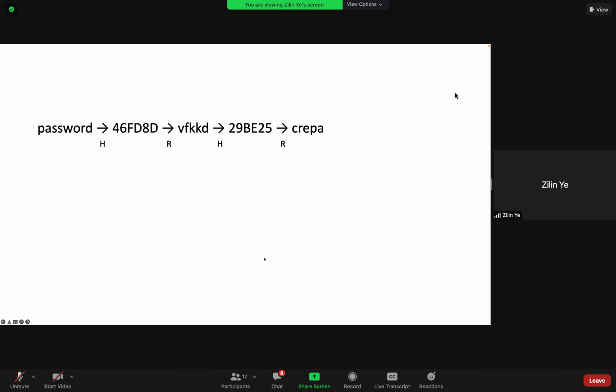Because of that, we came up with the idea of a hash chain. So the hash chain basically is: I have my initial guess, which is the password, and then I compute the hash of it, the hexadecimal representation of the hash, and then I define a reduce function, or the professor called it the reverse function.